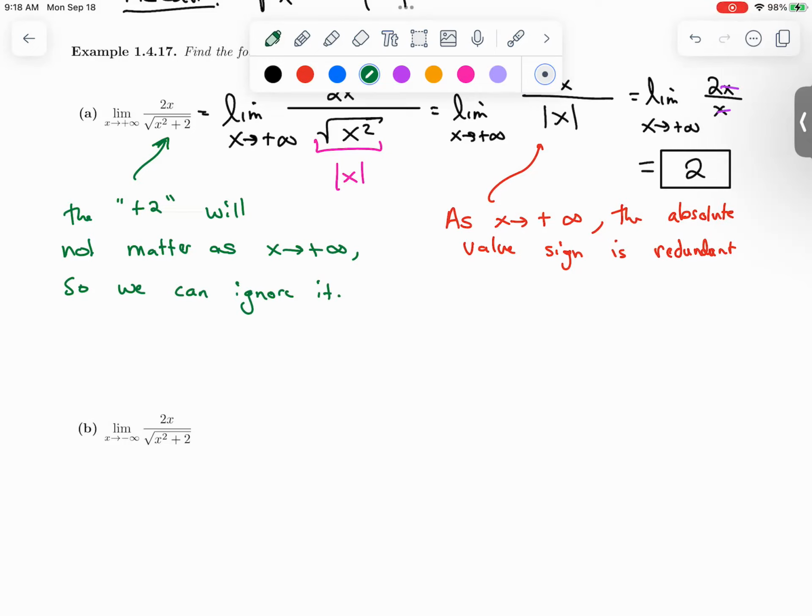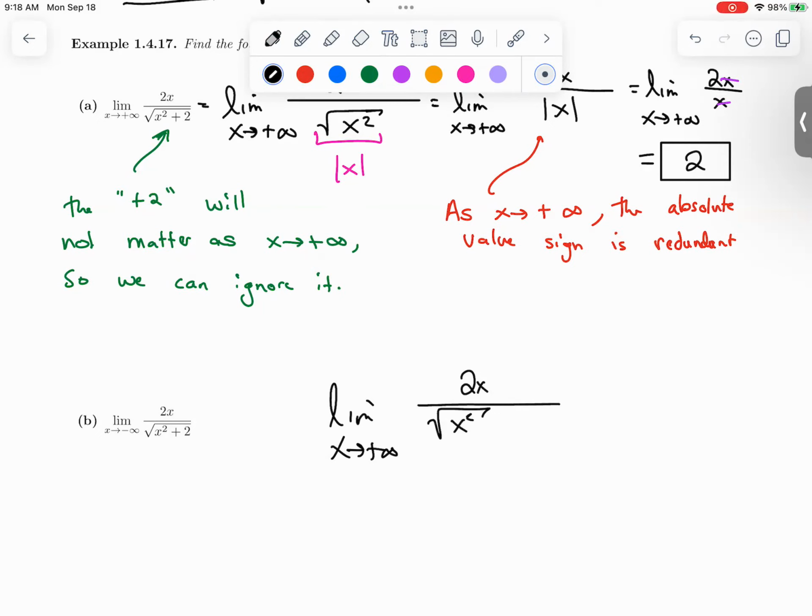Oh yes, Hector. Would it matter if the plus 2 was outside of the square root and still in the denominator? Great question. So Hector is asking, what if instead of that, it was limit as x approaches positive infinity of 2x over the square root of x squared, and let's say there was something else out here, like a plus 5.